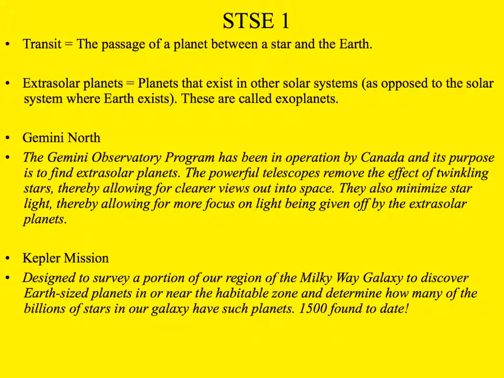A few terms and important things that you need to know from the STSE: the definition of the word transit. A transit is any time that a planet passes between a star and the Earth. So if you were on Earth looking out at a star, maybe belonging to another solar system altogether, and that star appears bright in the sky, and all of a sudden the brightness of that star disappears, and then after some time the brightness comes back, what may have happened is a transit.